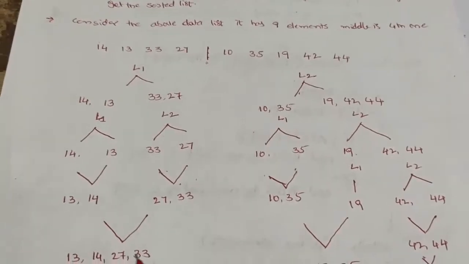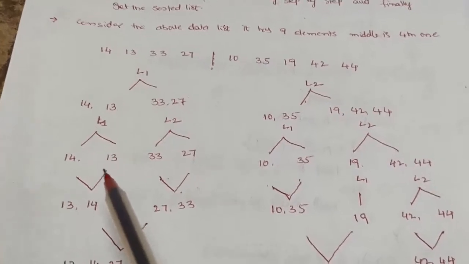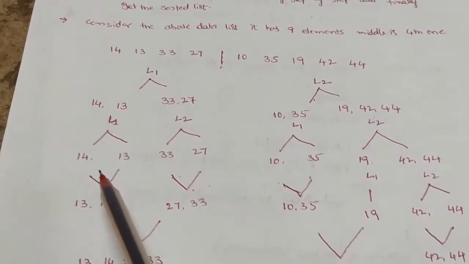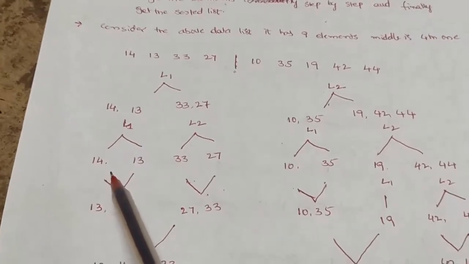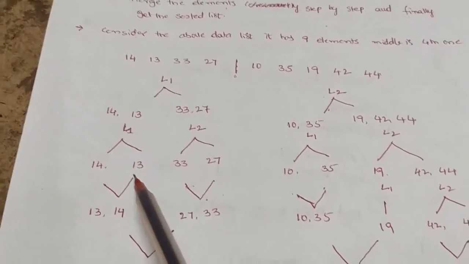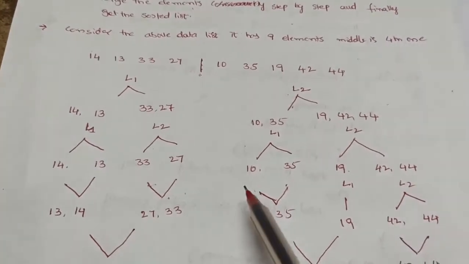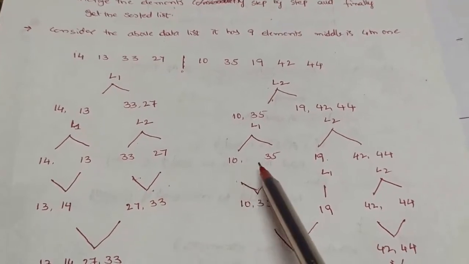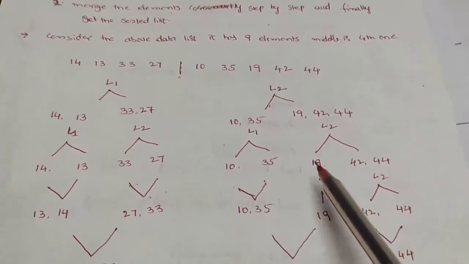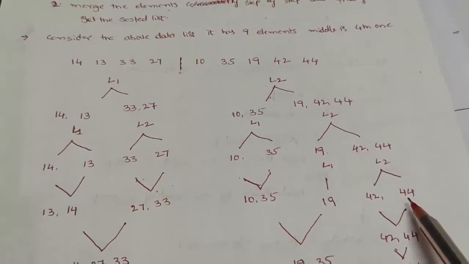So at this level we can observe that each and every list consists of only one element. List 1 is 14, list 2 is 13, list 3 is 33, list 4 is 27, list 5 is 10, next list 35, next list 19, next list 42 and next list 44.